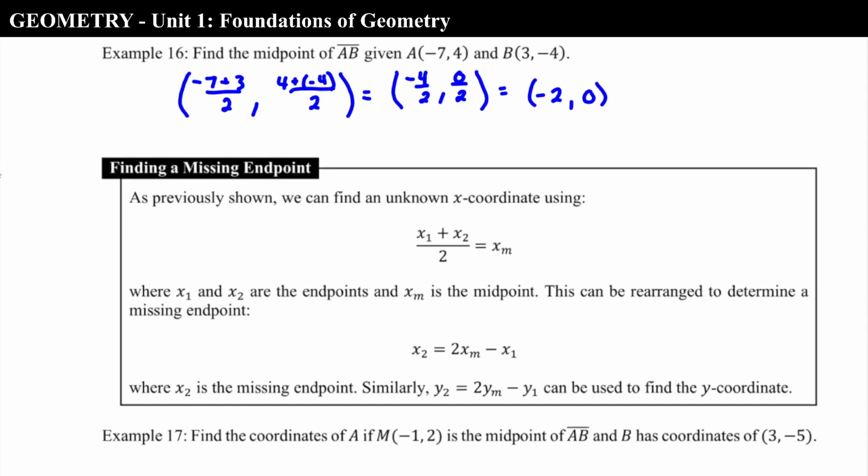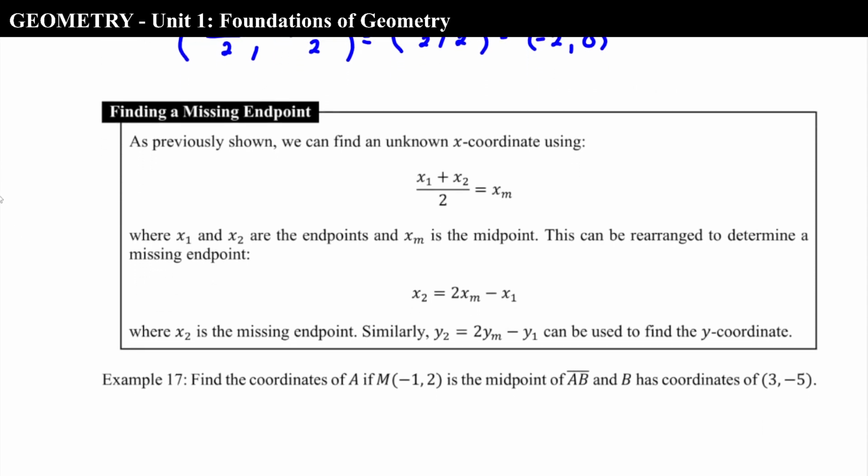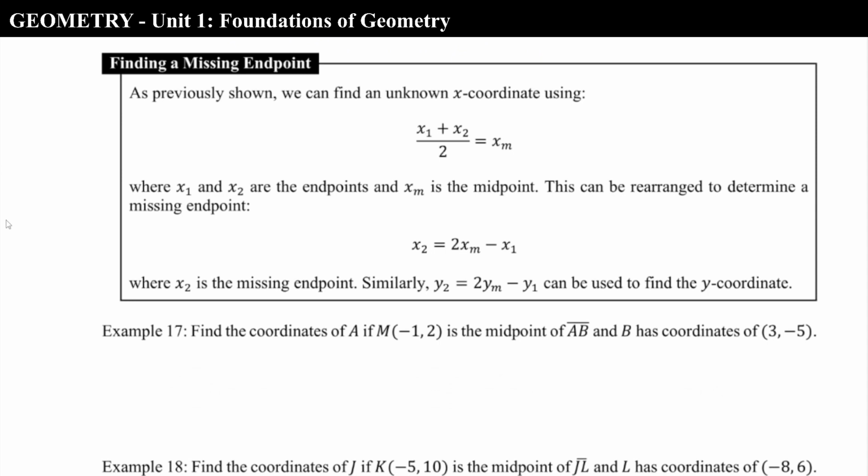Now, to find a missing endpoint, if we know what the midpoint is and we know one of the endpoints is, we can find what the other missing endpoint is. So we just went through this with our x coordinate. To find an unknown x coordinate, x1 plus x2 over 2 gives us the x coordinate of our midpoint. This can be rearranged into this.